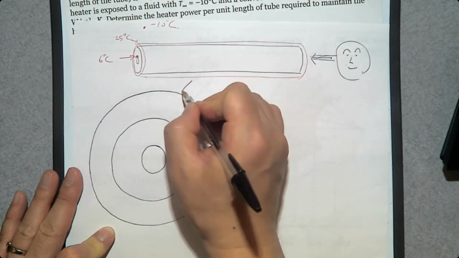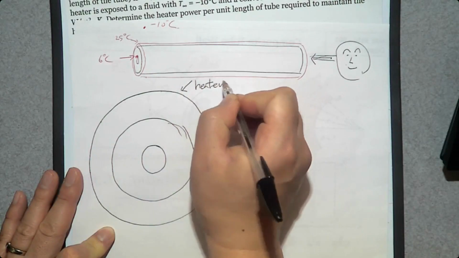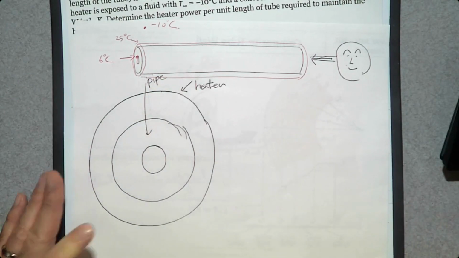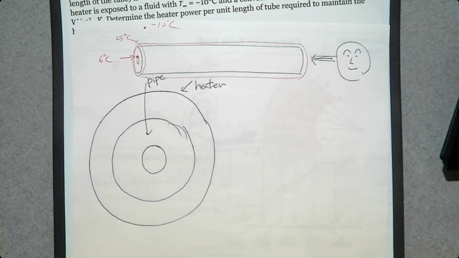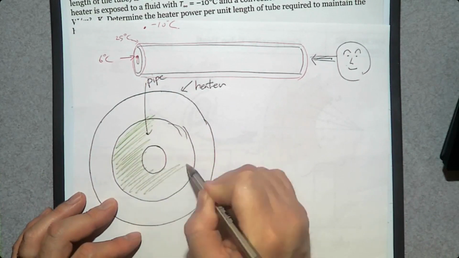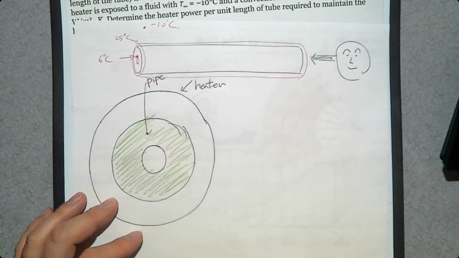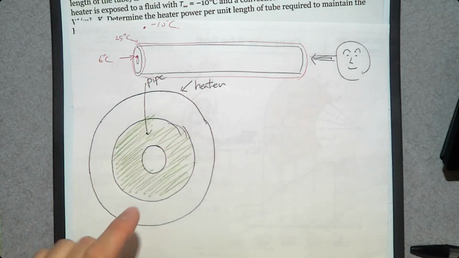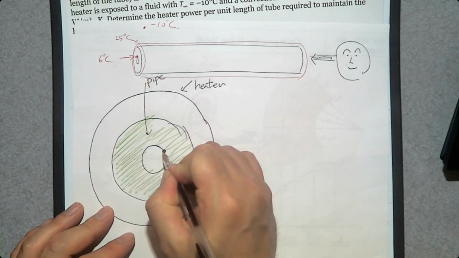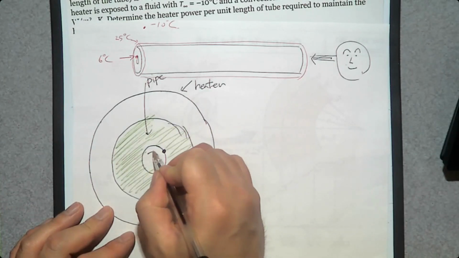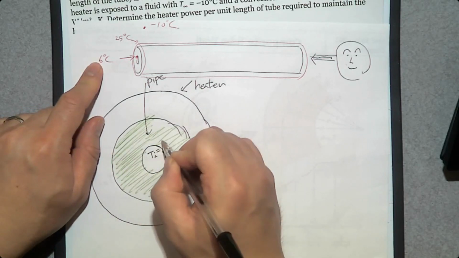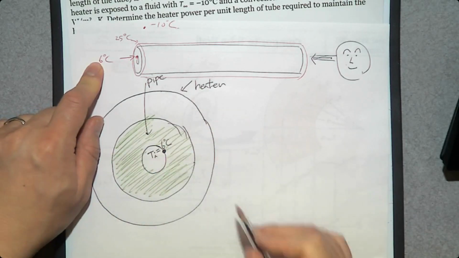So this is a heater. And this is the pipe. I'm going to say this is a green pipe. So there's a pipe, and we have a heater around it. And the temperature of the inner surface, I'm going to say Ti, is going to be what? 6 degrees Celsius. And this is the heater.